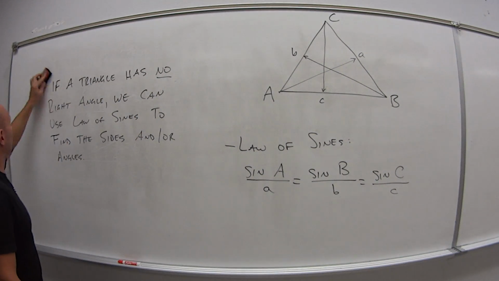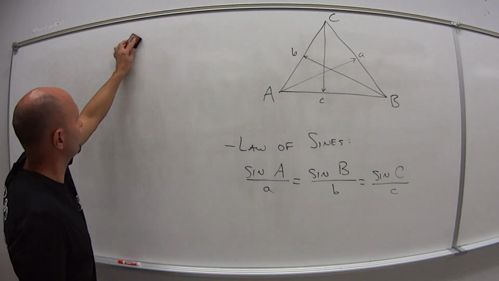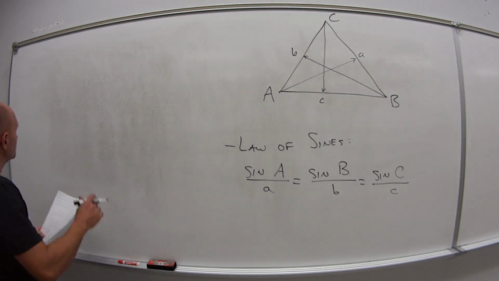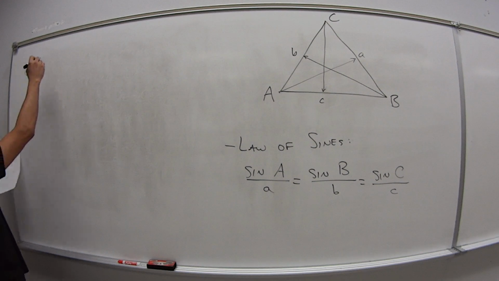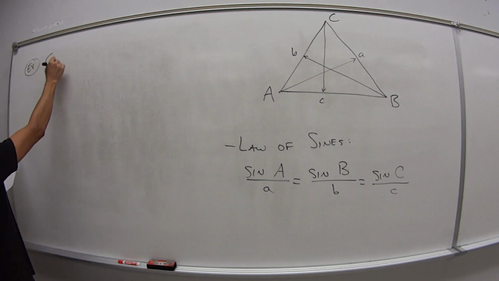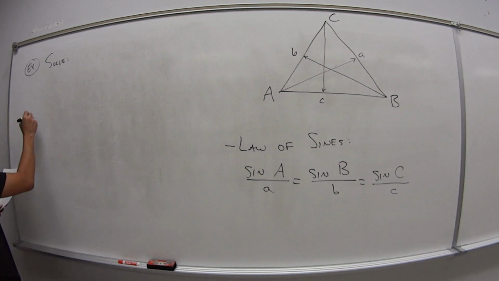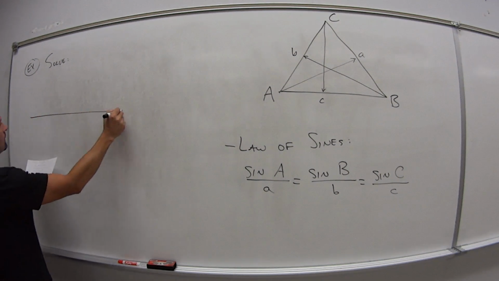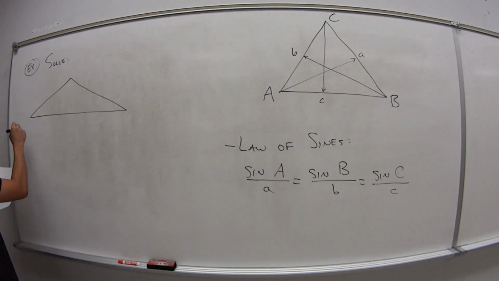So let's look at an example of how this would work. Let's say in this example we want to solve the following triangle. We want to find the angles and the lengths of these different sides. So we have this triangle here.